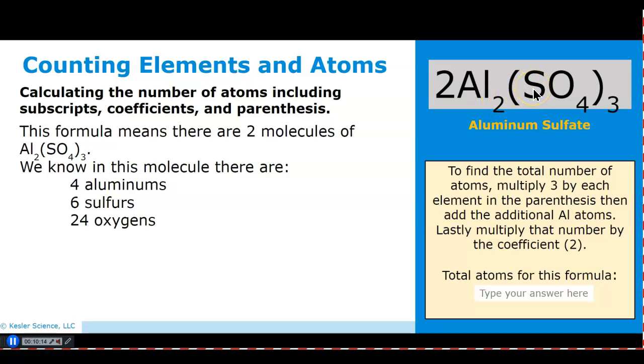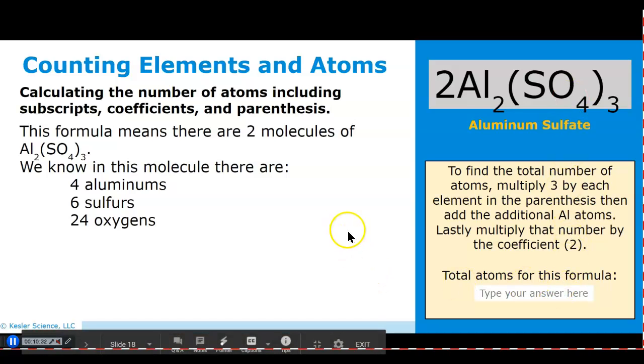Then here we have 3 sulfurs, but then we have 2 of that. So that's 6 sulfurs. And here we have 12 oxygens, but then we're multiplying that by 2, so we have 24 oxygens. So then you just add those up and figure out the atoms for this formula.